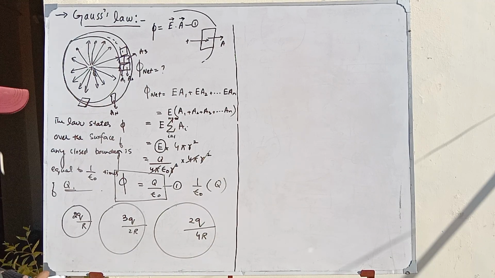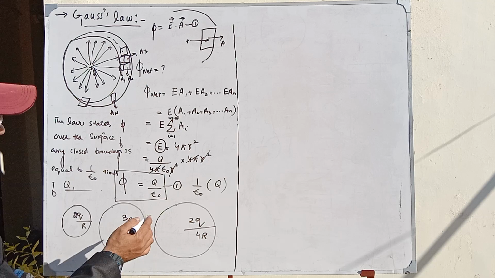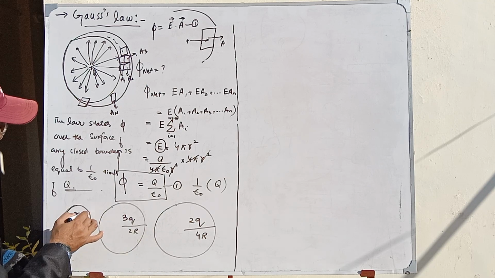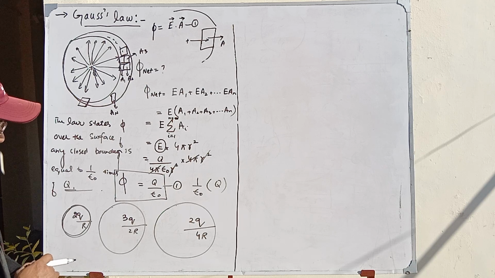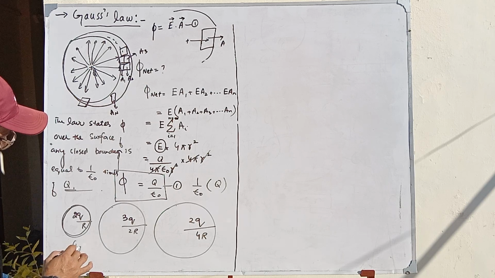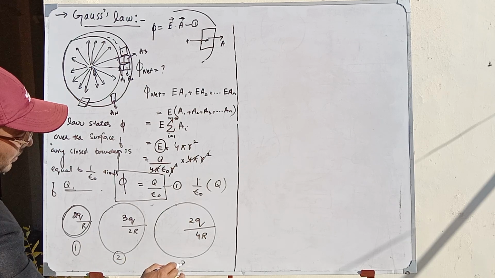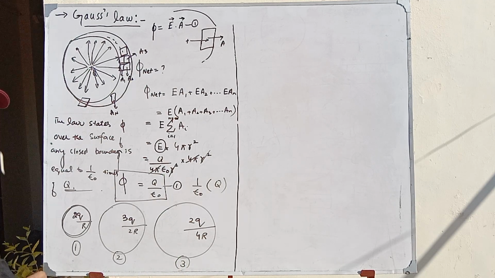In which figure is the electric flux at the boundary observed in a large quantity? It's a quiz for you. This is body 1, body 2, body 3. Guess it. You have just 5 seconds.